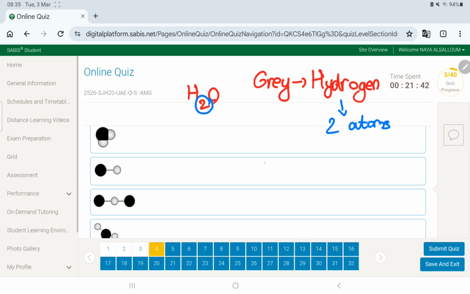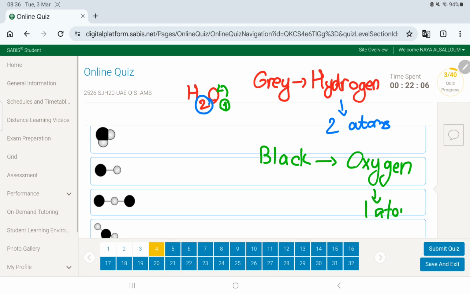Now, the black is for the oxygen. And when we said that there's no number next to the element, what's the number? 1. So how many oxygen atoms are there? 1 atom. So let's see. The one that actually represents the structure is 1.